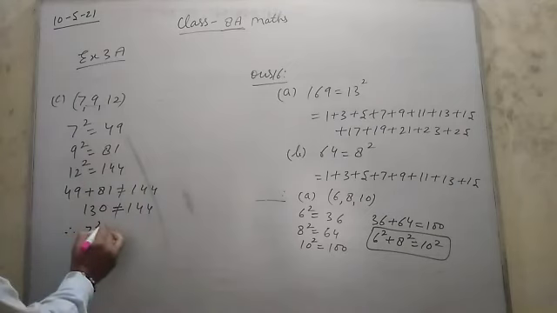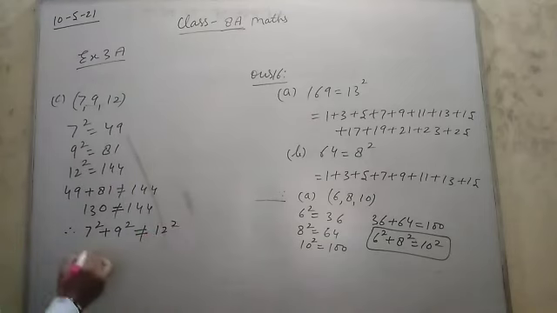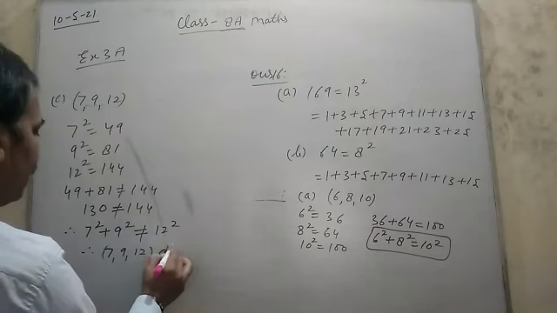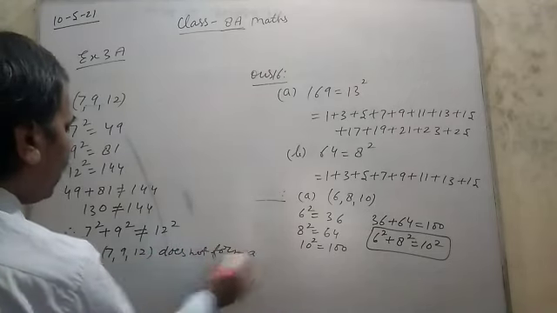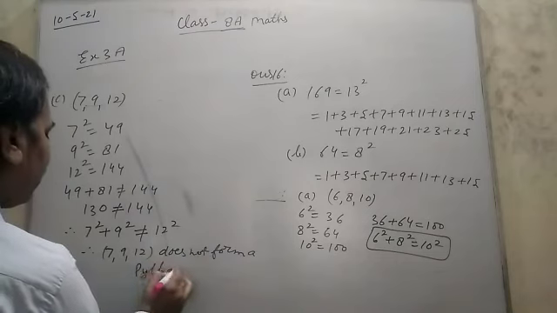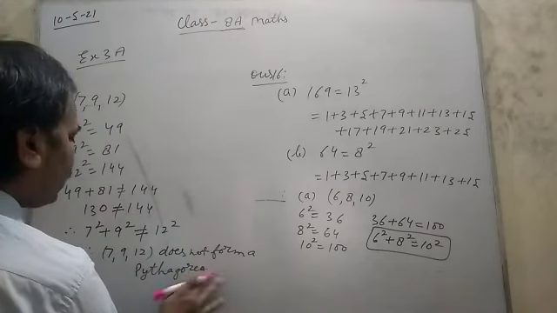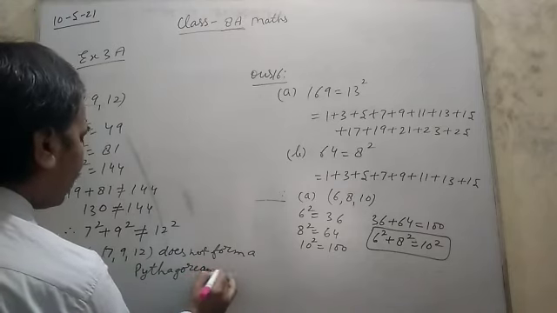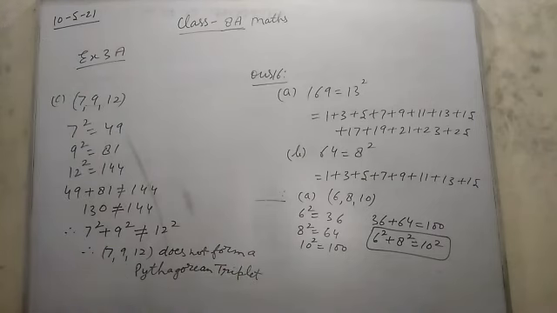Therefore, 7 square plus 9 square is not equal to 12 square. Therefore, 7, 9, 12 is not a Pythagorean triplet. Similarly, the remaining parts you can do by yourself.